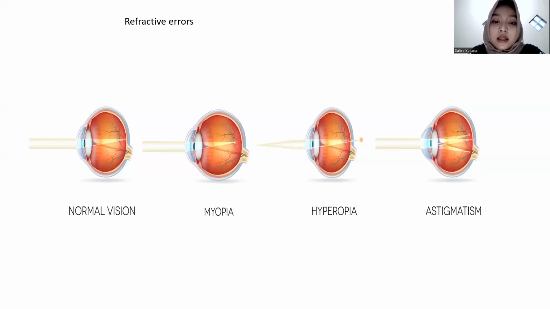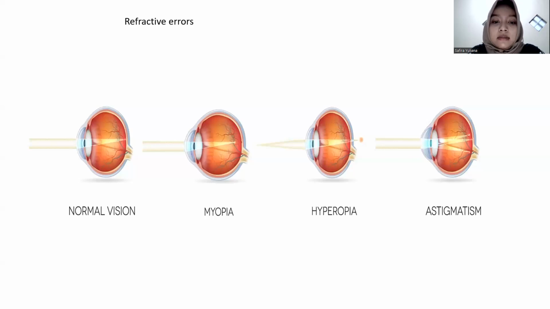There is usually nothing you can do to prevent a refractive error from developing in your eyes, because they are caused by the shape of your eyes, cornea, or lens, or change to this part of your eyes. There's no way to prevent refractive errors.